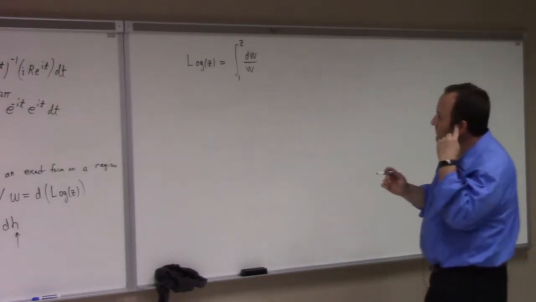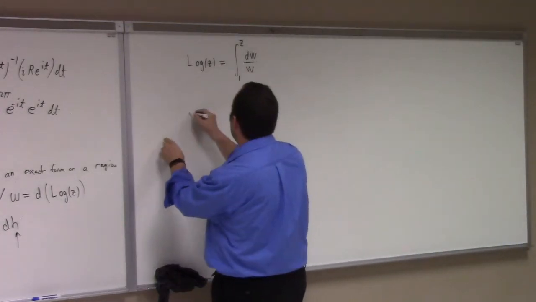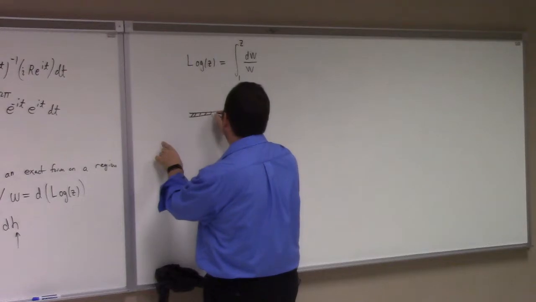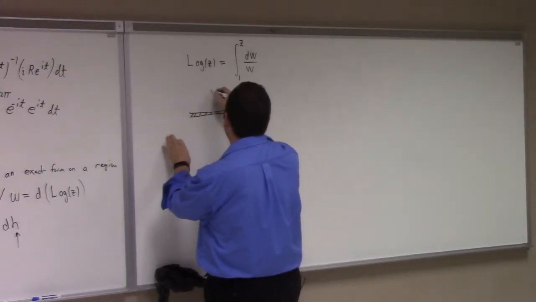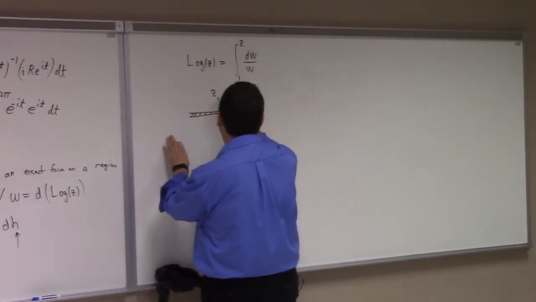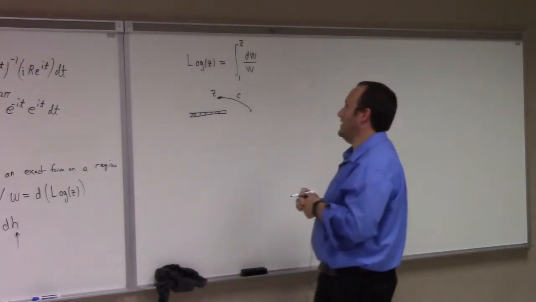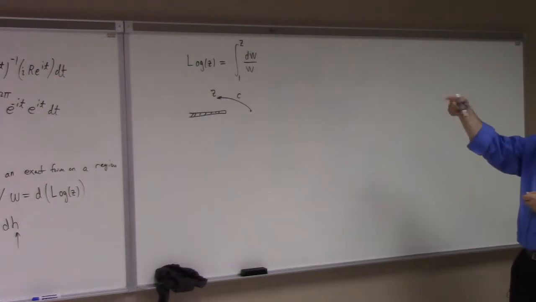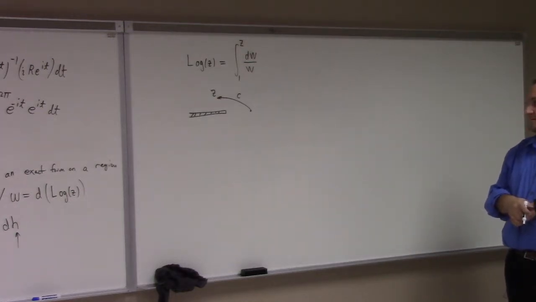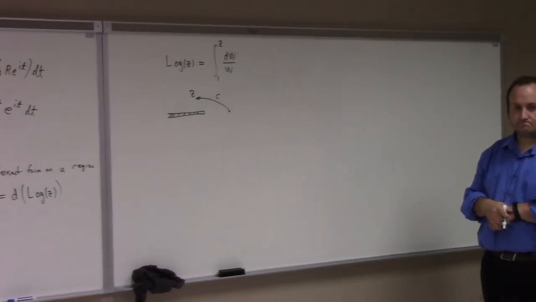We start at 1, we go to z along some curve. I'm saying that that integration is actually independent of path. We can show that.